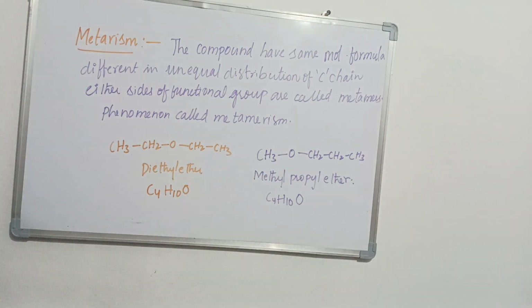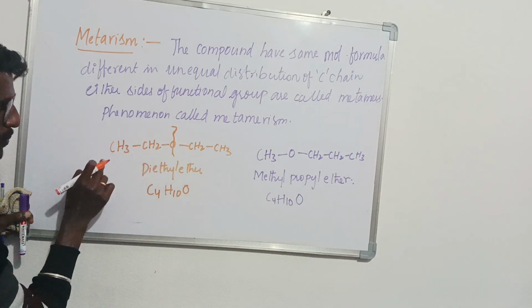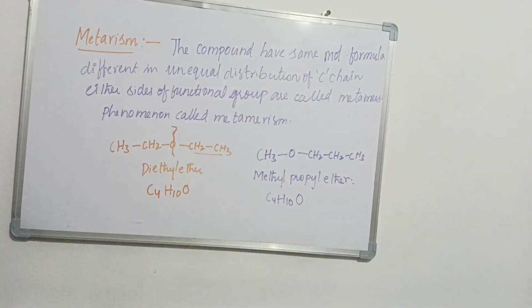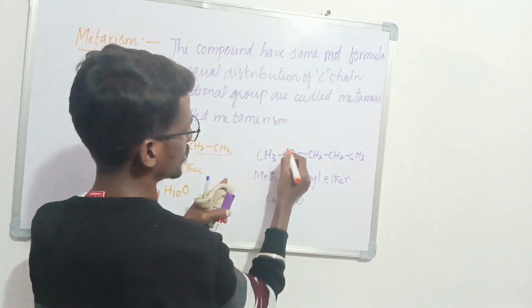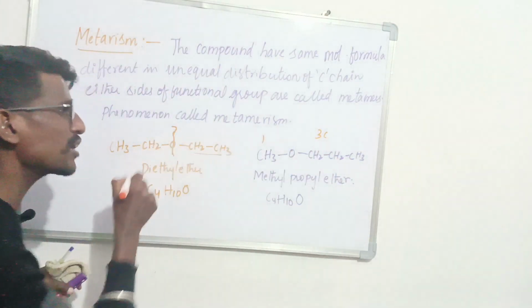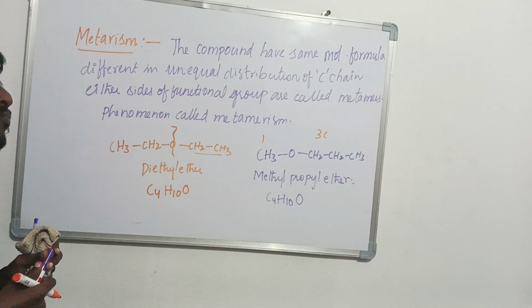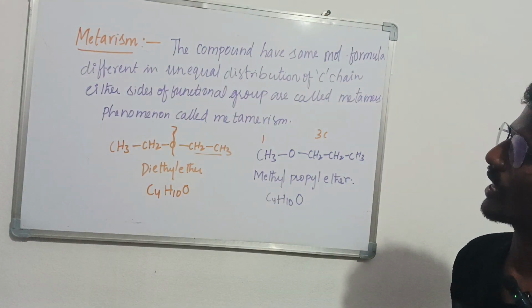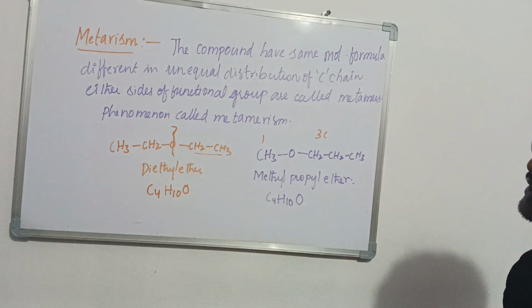But here there is equal distribution, two carbons on this side and two carbons on that side. Here there is unequal distribution, one carbon on this side and three carbons on that side. These two are isomers of each other, the phenomenon is called metamerism, and they are called metamers of each other.